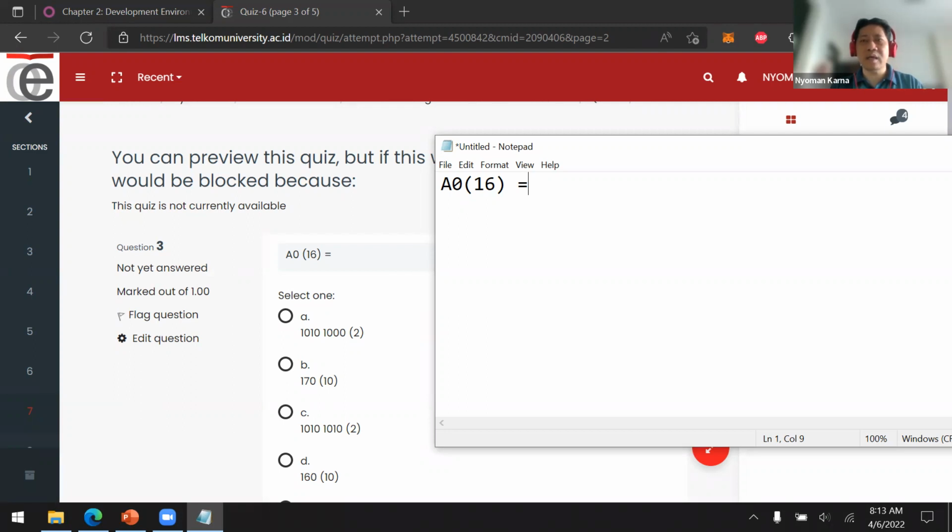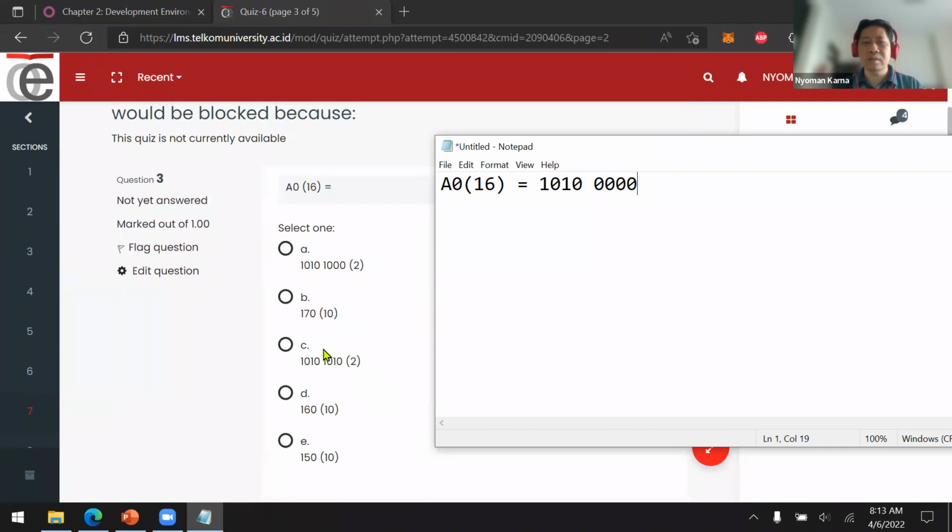A is 10, and 10 is 1010. And then 0 represents another 4 bits of the binary system, 0000. So it's actually 1010 0000. Do we have something like that? Not this one. How about this one? No.